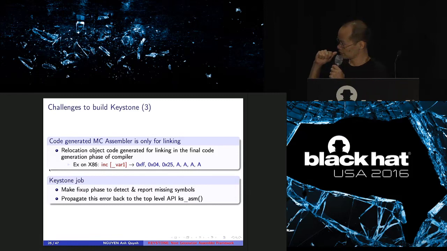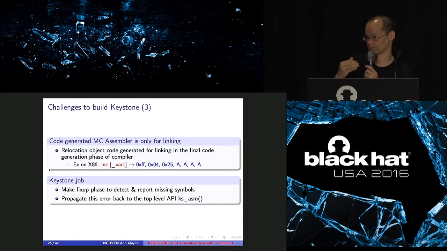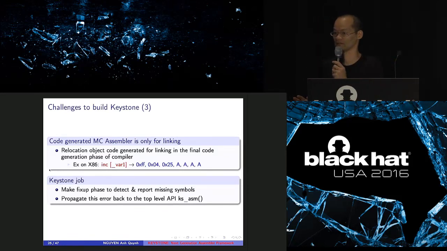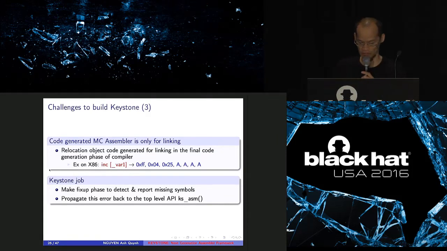That's bad, because if you do not declare var1, LLVM still can compile that code. But in fact, if you run this on an assembler, it should report that var1 does not exist. It should report an error, right? So I had to fix something inside the fixup phase of LLVM, so it can report the missing symbol.